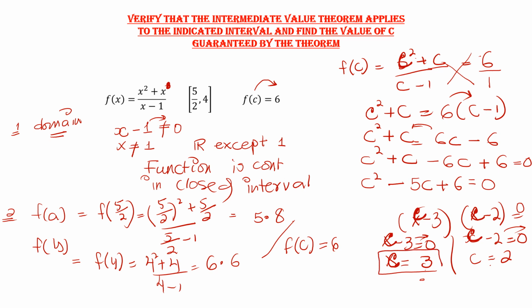In the end, you will write c in the middle, a on the left hand side, b on the right hand side, because c is between a and b, and c is 3, whereas a is 2.5 and b is 4. So now you have verified the IVT, and that's all for today.